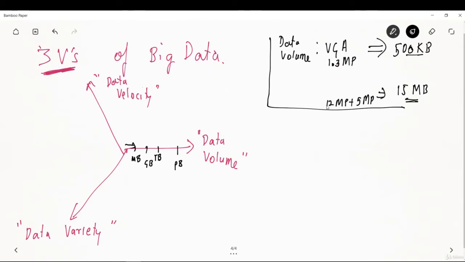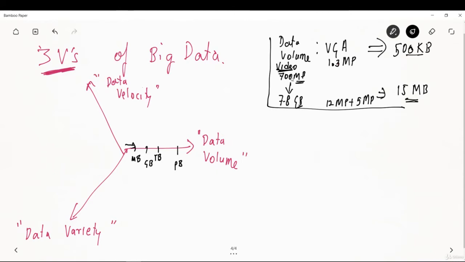Similarly, take the example of recording a video. Previously the video quality was not that good, so let's say a video took around 700 MB of data. Now you decide to record the same video in 4K or full HD, with new things coming up, and the same video may take around 7 to 8 GB of data. So we can see that MB has increased to GB.